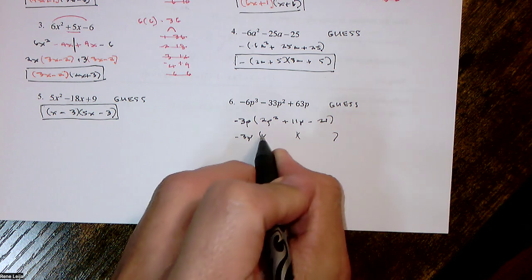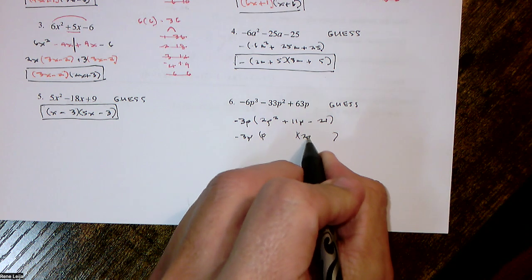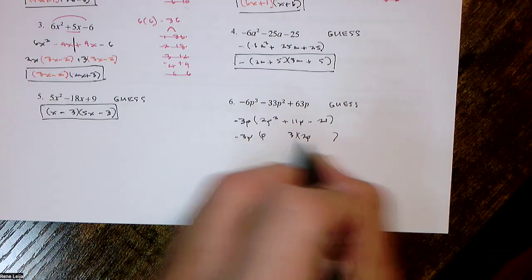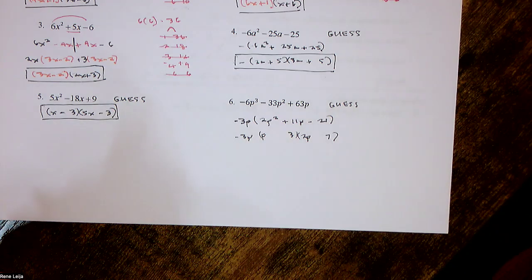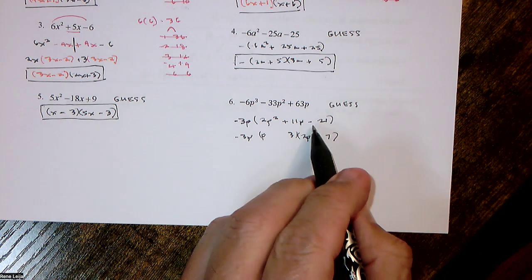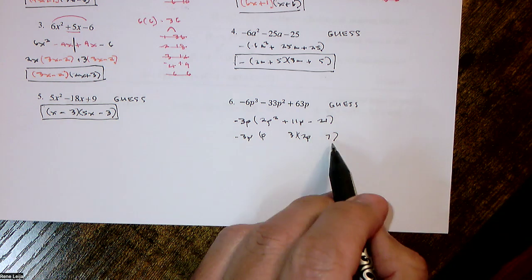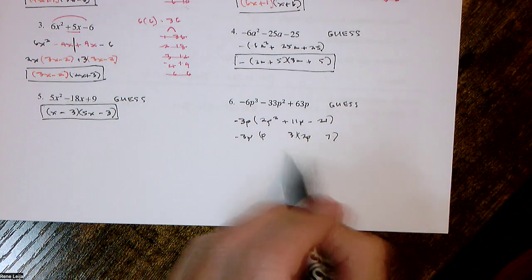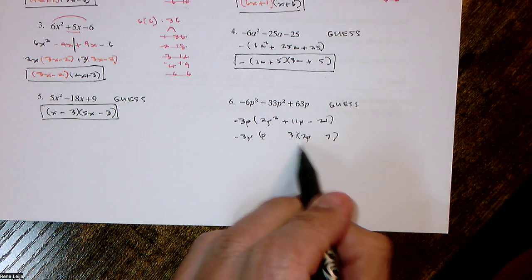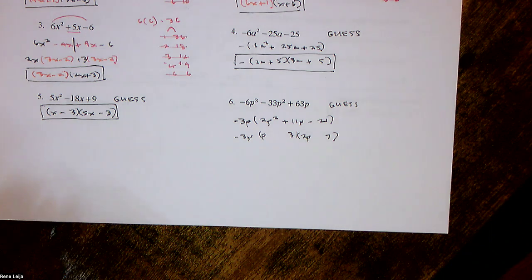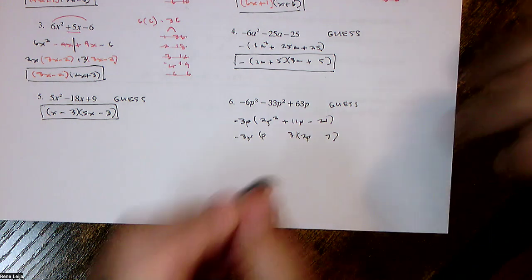So a P and a 2P and 21. I'm just going to use 3 and 7. Okay. So we end with a negative, which means our signs have to be different. So 7 and 6, when I subtract that, I get a 1, not an 11. Okay, well, that doesn't work.